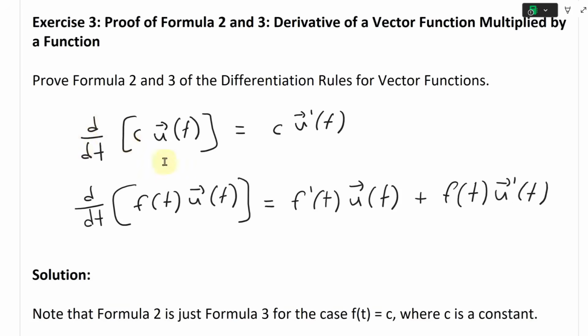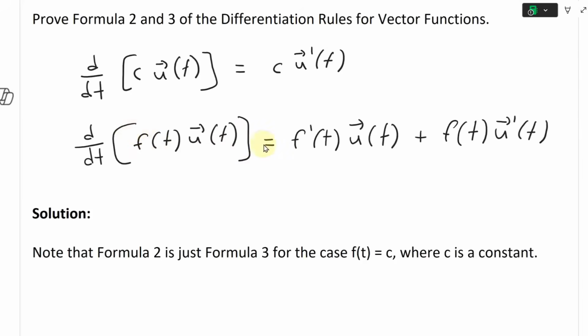This is formula 2: d over dt of c, which is a constant, times the vector function u of t, equals the constant multiplied by the derivative of the vector function u. And then formula 3 is more general. Formula 2 is just a special case where the function is a constant c. So here's formula 3: d over dt of f of t times the vector function u of t.